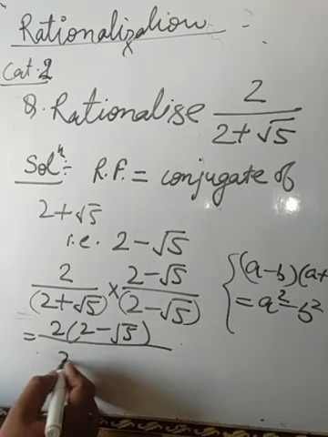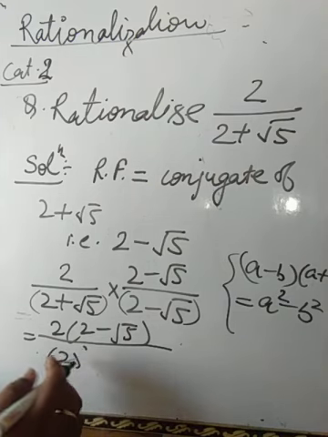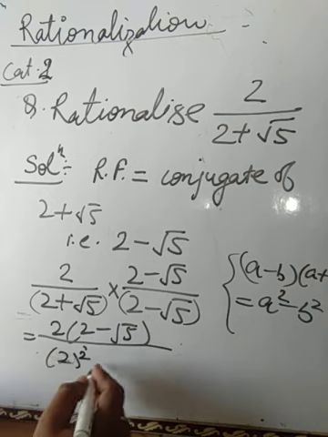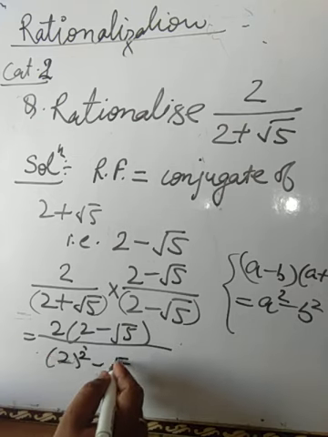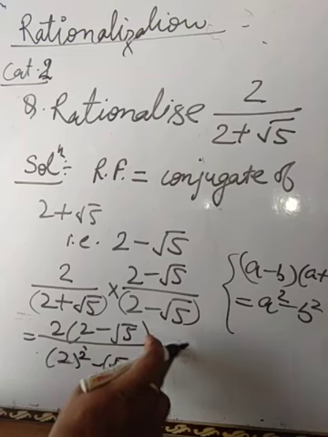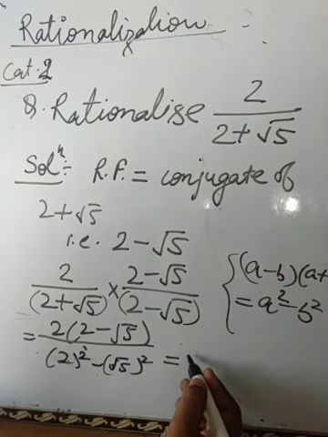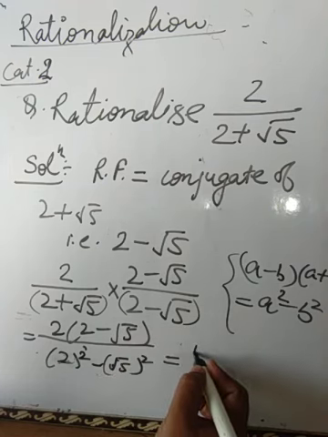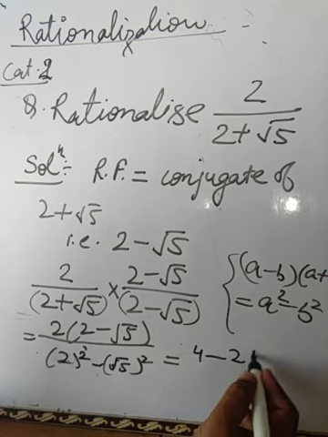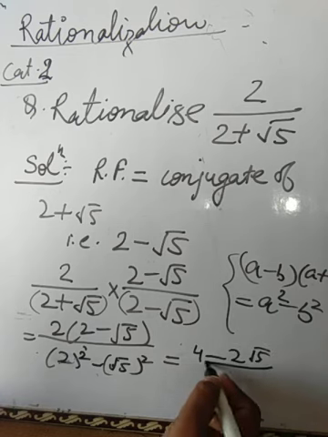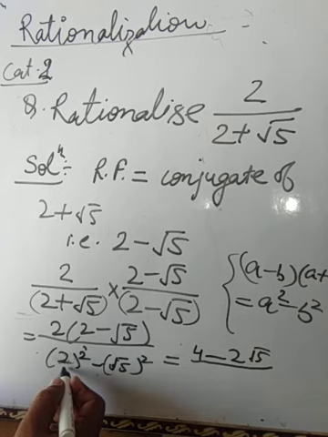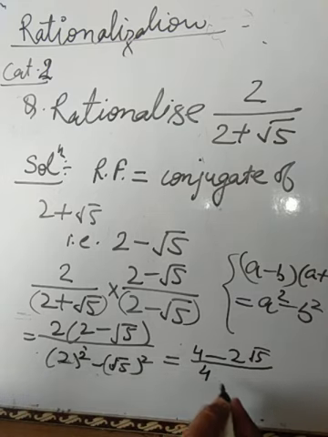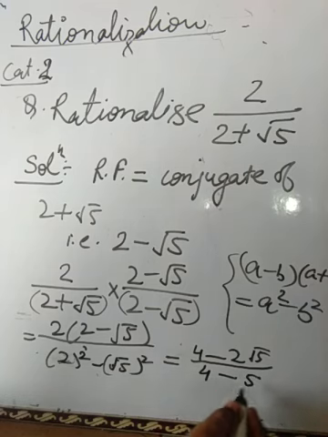Okay, so this will be 2 whole square minus root 5 whole square, correct? Now as a result, this will be 4 minus 2 root 5 upon the square of 2, that is 4, and the square of root 5, that is 5.